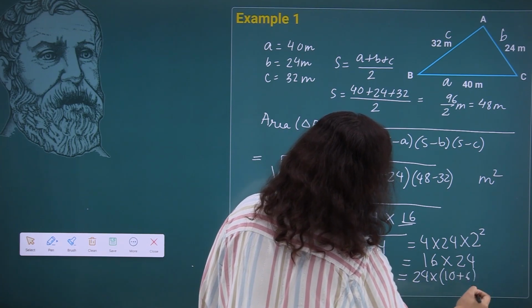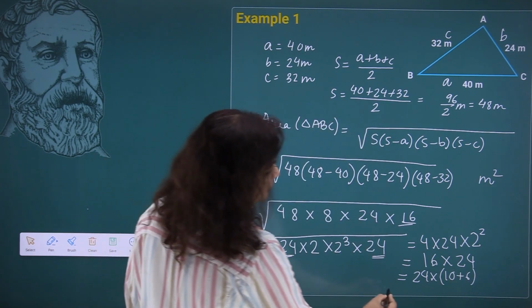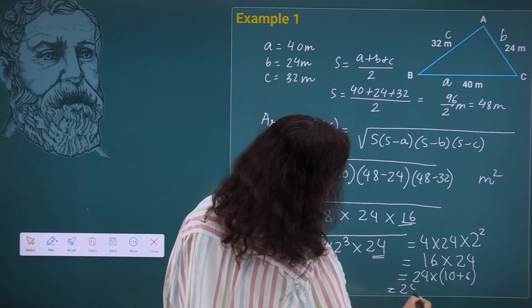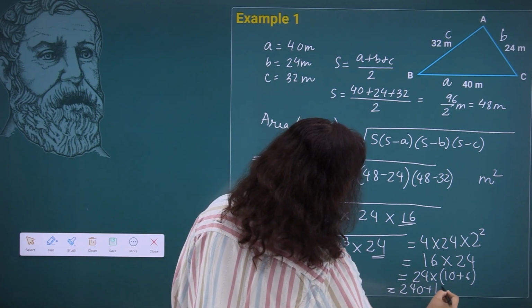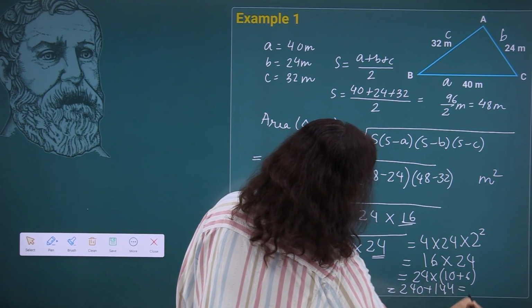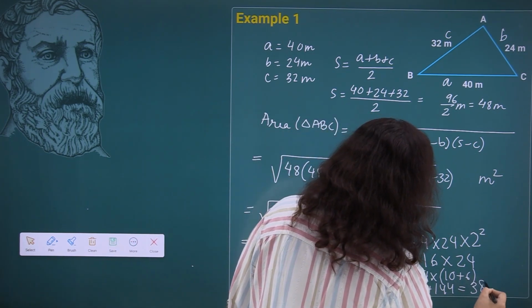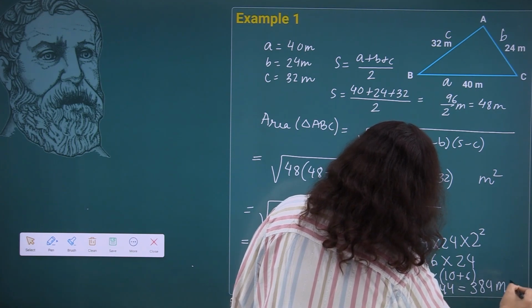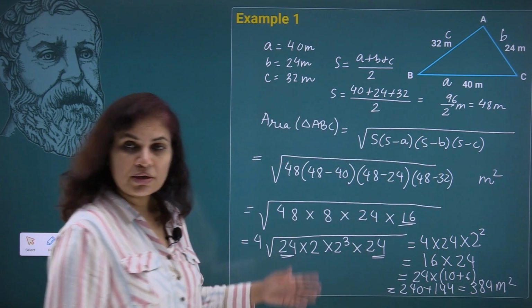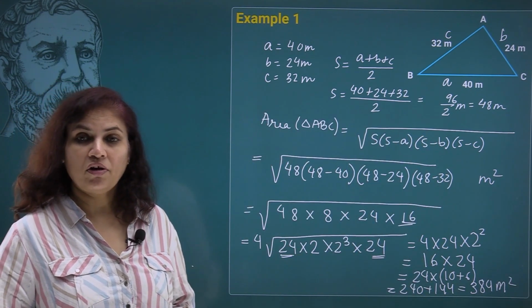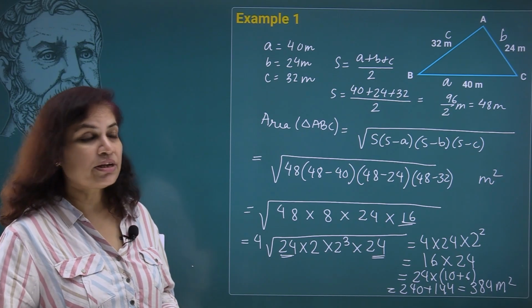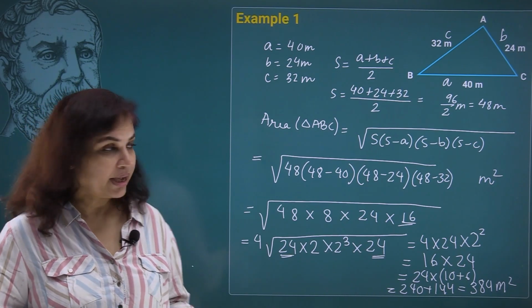This gives you an easier way to calculate. So, this becomes 240 plus 144 equal to 384 meter square.